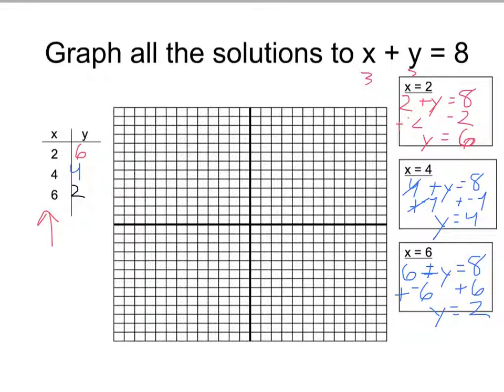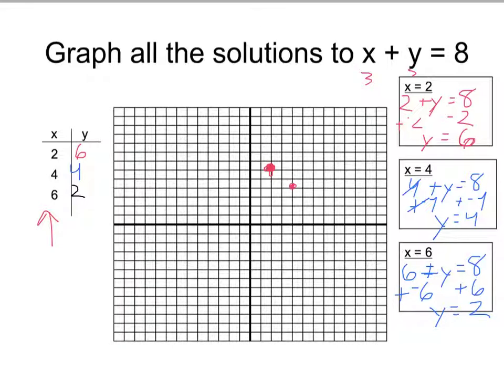So then what we do is we go to the graph, and we will graph these points. X is 2, and then y is 6. So that point is right here on the coordinate graph. And then 4 and 4, we go 1, 2, 3, 4 to the right, and then up 4.